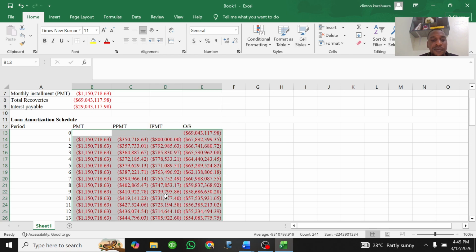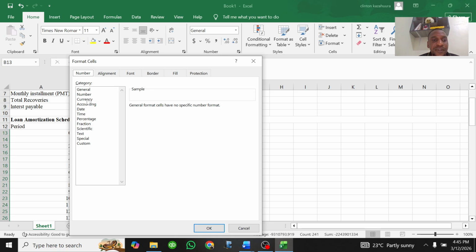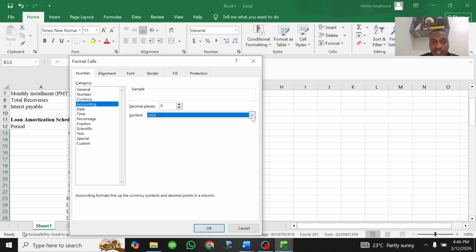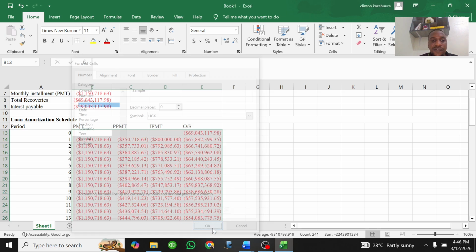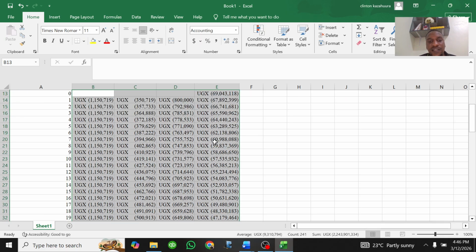So I go to format cells, we go to number, I prefer we use accounting, change decimal places to 0, then the symbol we can use UGX. Then when I press OK, you realize that our amounts have become black, though in brackets it simply means that the amount is still payable.